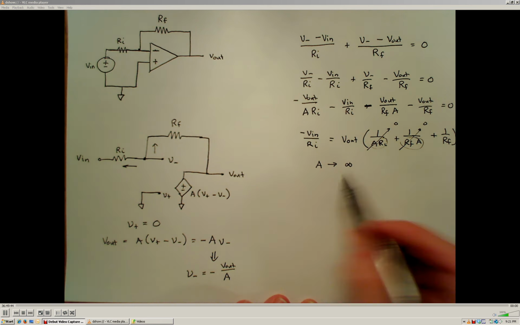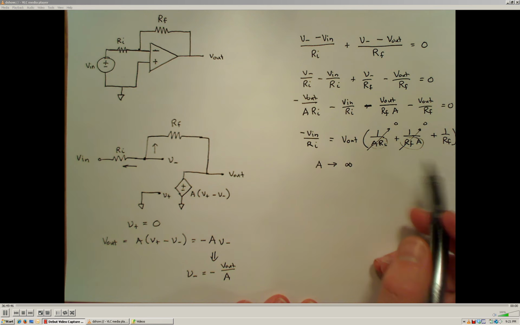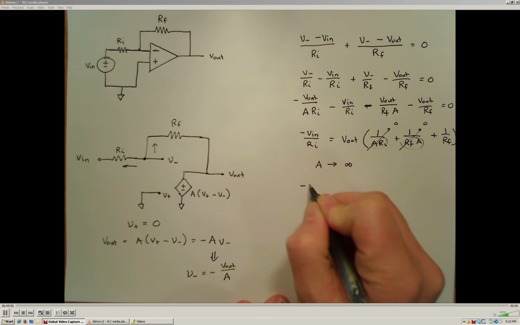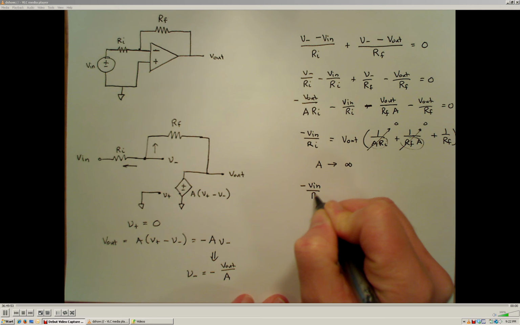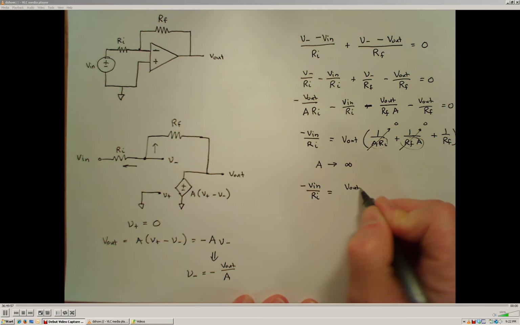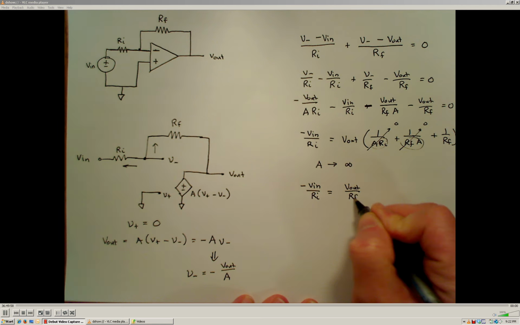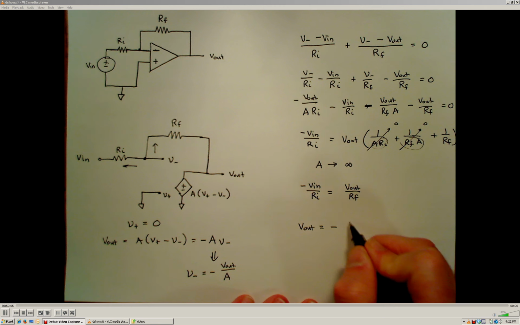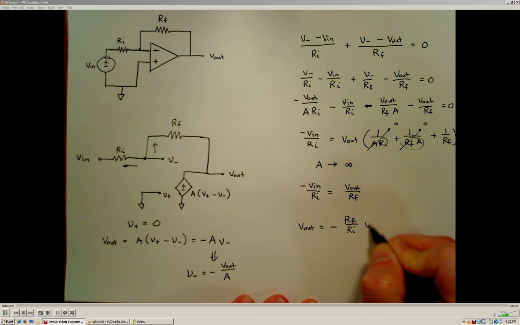So if I make that nearly infinite gain assumption, then we're left with negative Vn over Ri is equal to V out over Rf. Rearranging this, I wind up with V out is equal to negative Rf over Ri times Vn.